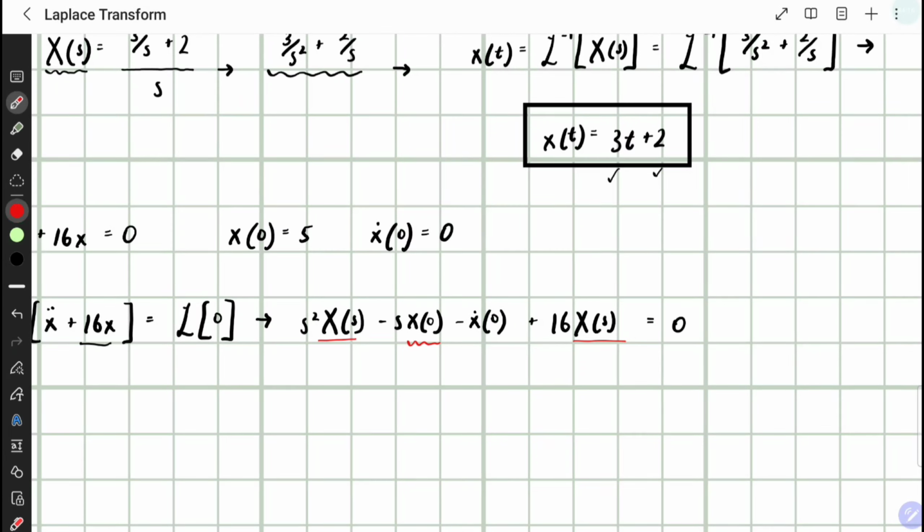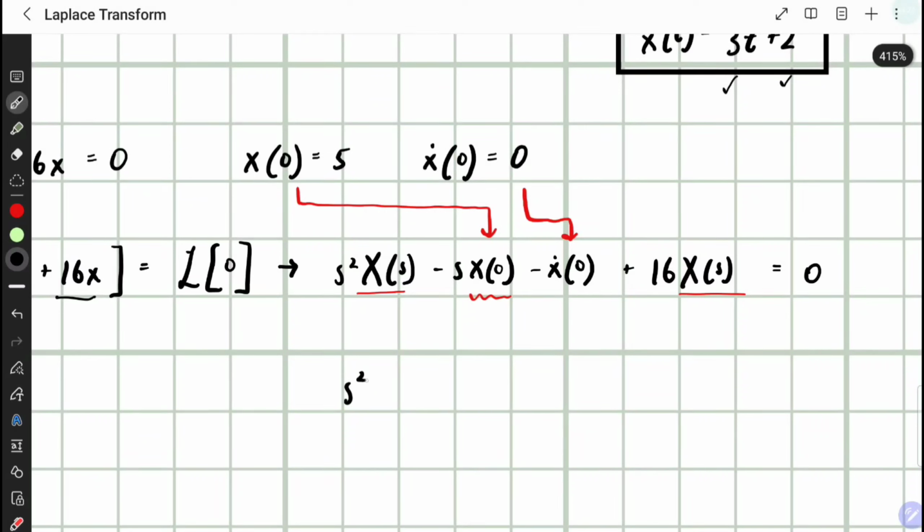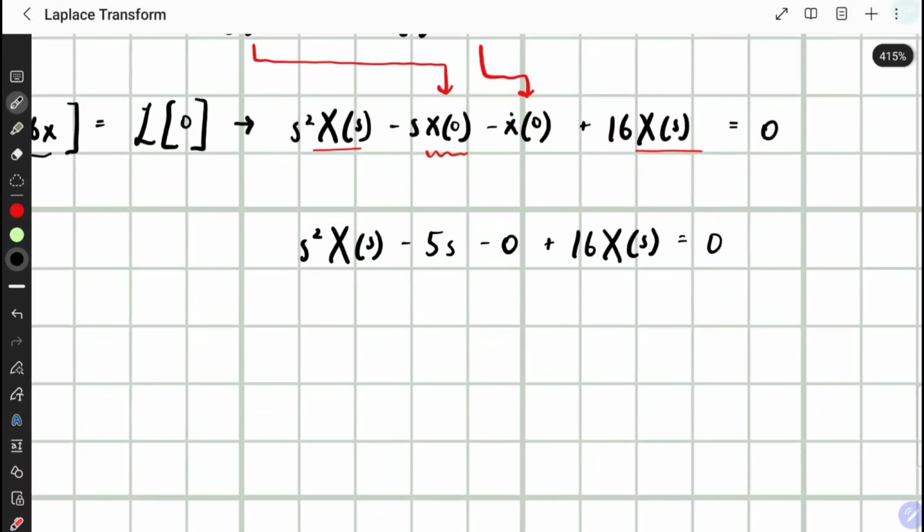And now we can plug in 0 here and 0 here. So it becomes s squared big X of s minus 5 times s minus 0 plus 16 big X of s. Same as before, we're going to solve for big X. If we factor this out, we have this term here and here: s squared plus 16.